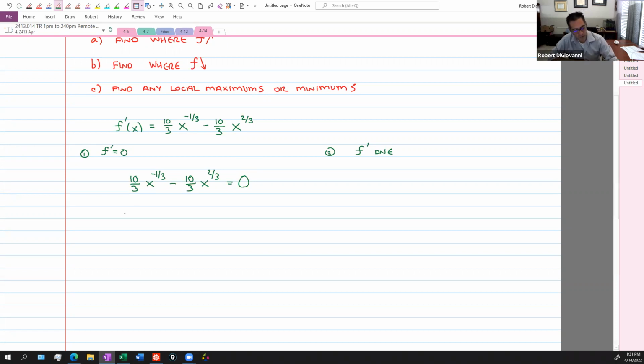So I could factor that out. I'm just going to pull a 10/3 out. And the reason I did that is because now I can just divide both sides by 10/3. It goes away over here, and on the right side, 0 divided by 10/3 is still 0. Which means that the 10/3 is gone, and all I really have to do is solve this.